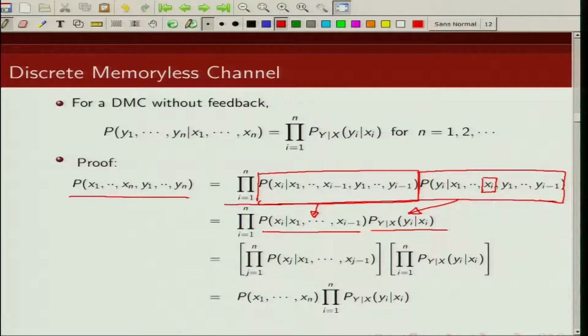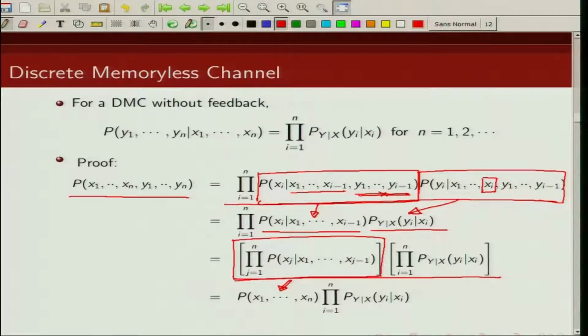So probability of xi given x1, x2, up to xi minus 1 and y1, y2, up to yi minus 1, it does not depend on this, it only depends on these values. So I can then write it in this particular form. So then I can write this in this particular fashion. And what is this term? This term is nothing but probability of x1, x2, up to xn multiplied by this term.